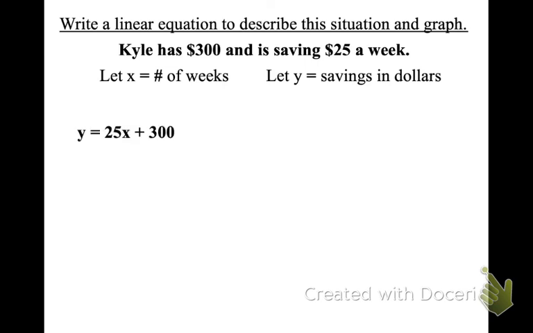So y equals 25 times the number of weeks plus the 300. So what would be my y-intercept, and what is my m? My y-intercept will be the 300, and the m is 25 per week over 1, right?